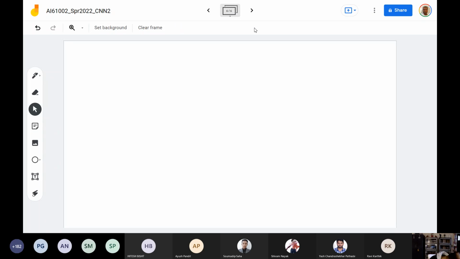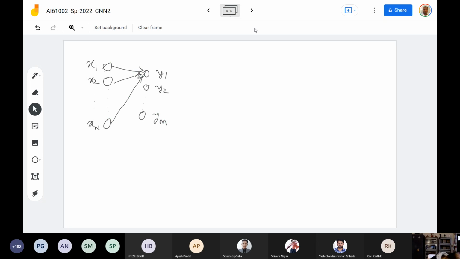So in my fully connected layer, what did I have? I have X1, X2, like this up to X, say, capital N. And I had Y1, Y2 up to Y of capital M. And then I had these weight combinations over here.